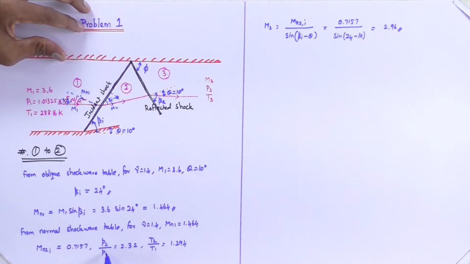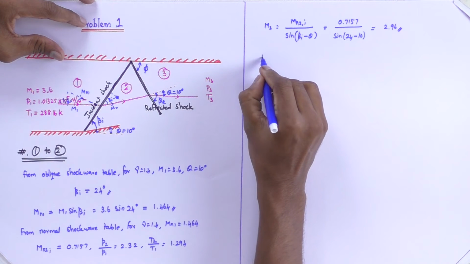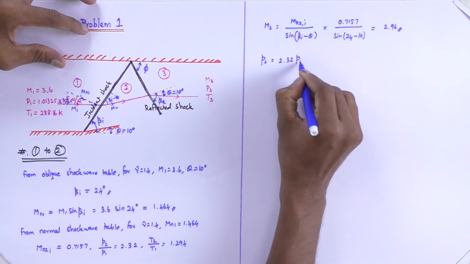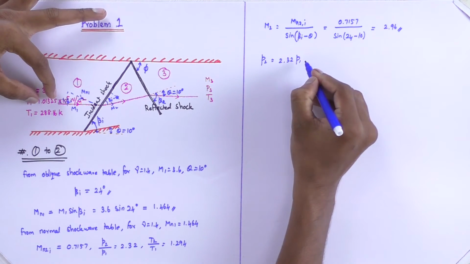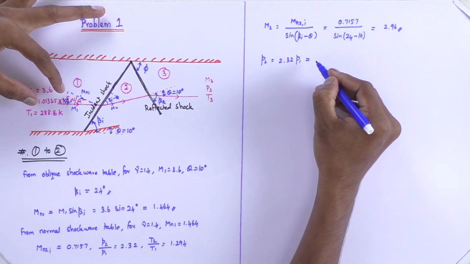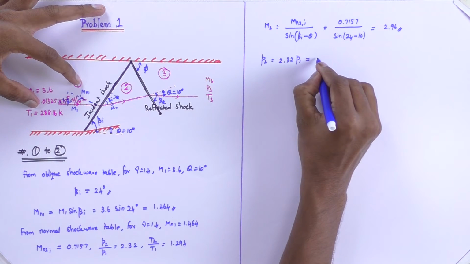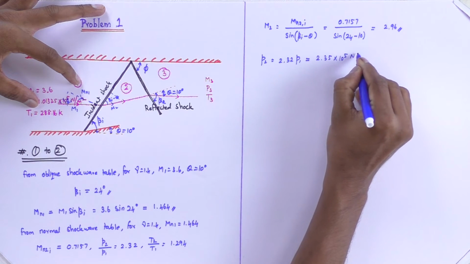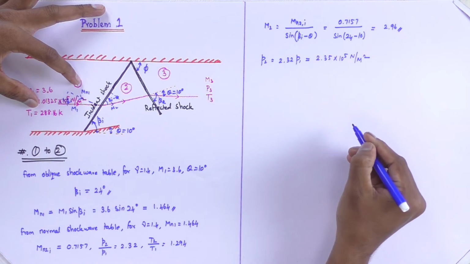Then from this ratio we can calculate the P2 value. So P2 will be 2.32 times P1. We know the value of P1, that is atmospheric pressure. So after the calculation we will get P2 as 2.35 into 10 power 5 Newton per meter square.